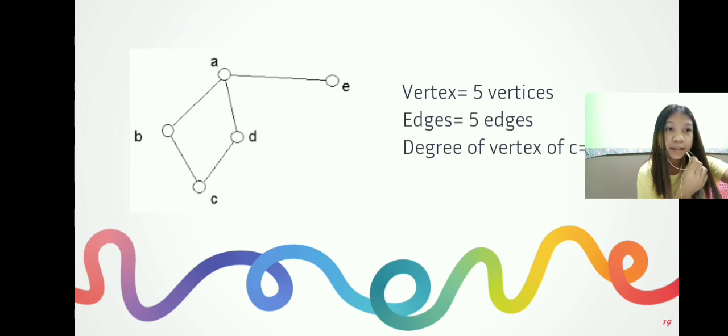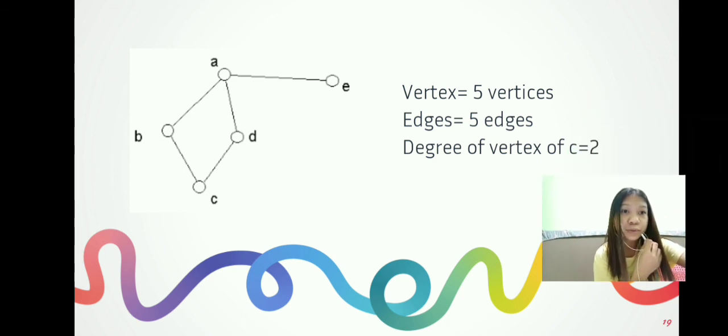As you can see, vertex C, the dot, has two lines or two edges attached to it. So it means it has a degree of 2.